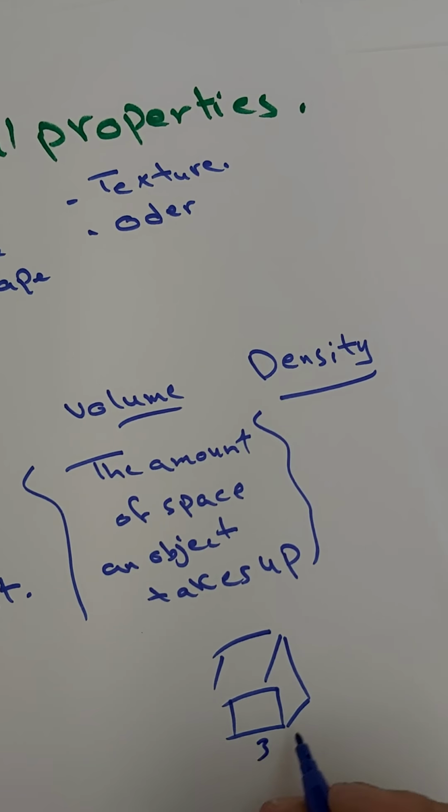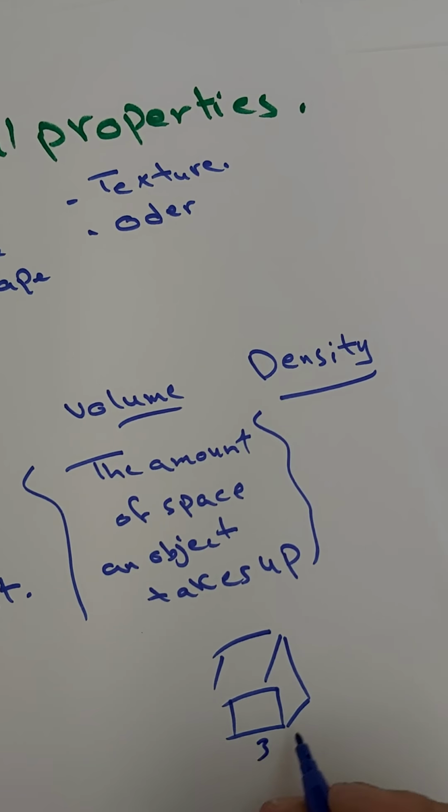Okay, and the last thing is density. We said density means mass divided by volume. So the mass over volume, we call it density. This is the main reason that explains why some objects float and other objects sink.